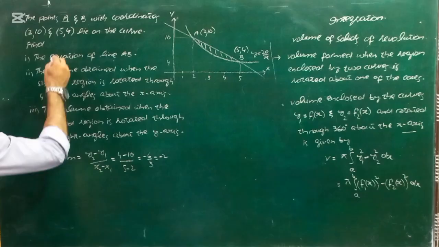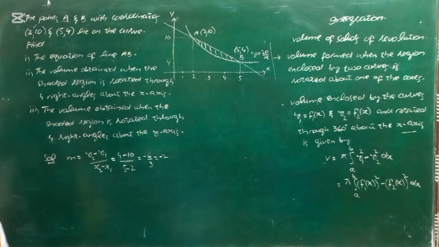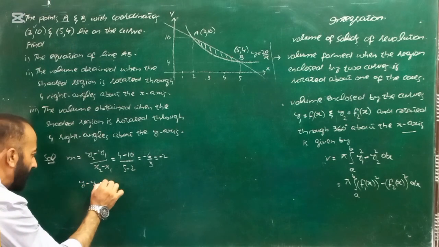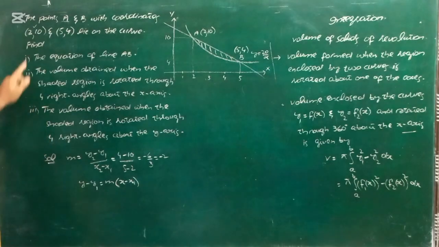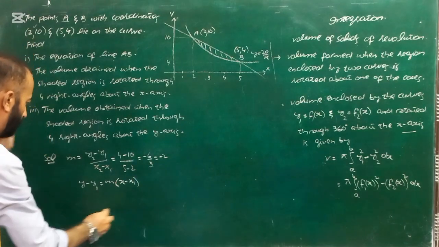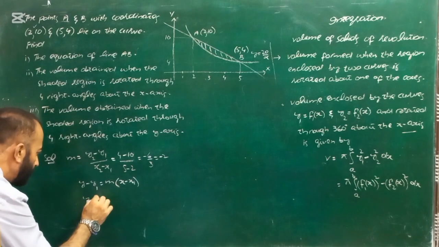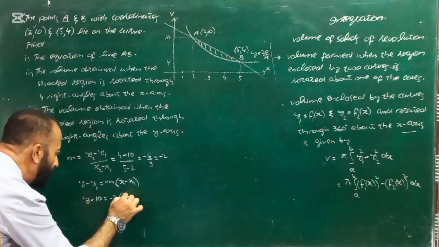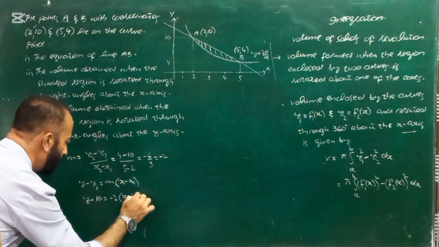So take any one point which is simple. So this is the point which I'm taking, and the formula of the equation will be y minus y1 is equal to m into x minus x1. So putting this point and this gradient into this formula, y minus y1 is 10 and m is minus 2 into x minus, here is x2.